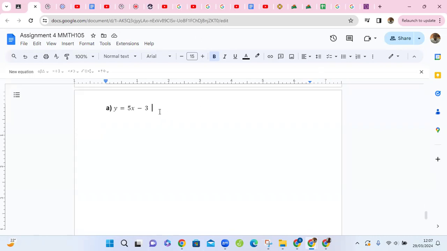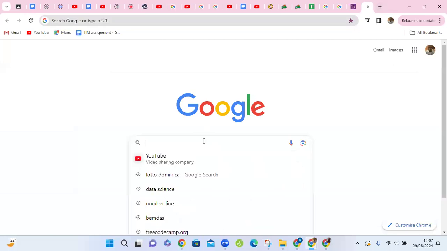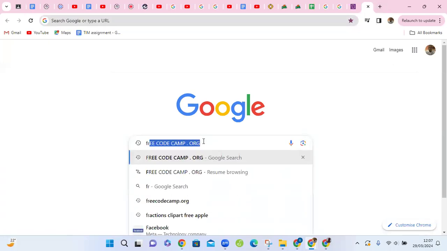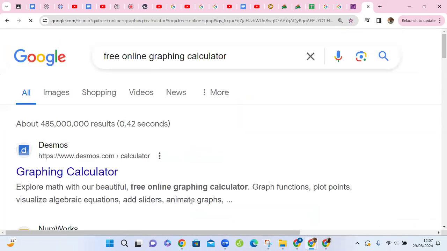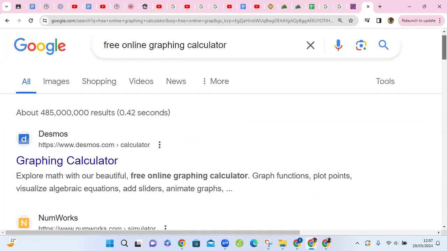So basically, you copy this, Control C, you go to a new tab, and you can type free online graphing calculator. There it is. And you'll get different varieties.